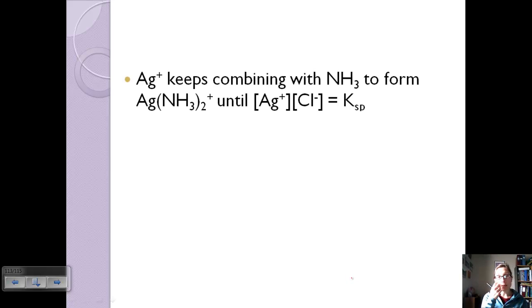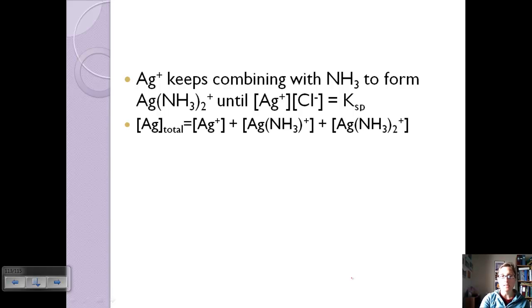So the silver will keep combining with the ammonia to form AgNH3 until the concentration of the silver and the concentration of chlorine is equal to the KSP value when you multiply them together. And so the total concentration of the silver, you could just add them up from each of the steps.